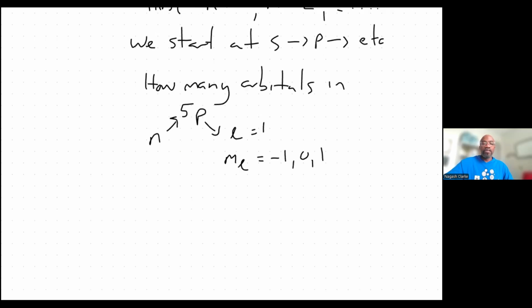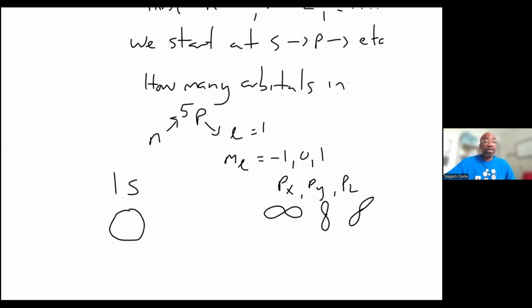Something I didn't mention earlier: these 3 P orbitals we call Px, Py, Pz. Not necessarily linking any specific number to any of these. We're just saying that there are 3 different orientations of the P. They look like lobes along each axis. Your S is going to be spherical. Your D's and F's have more complicated shapes.